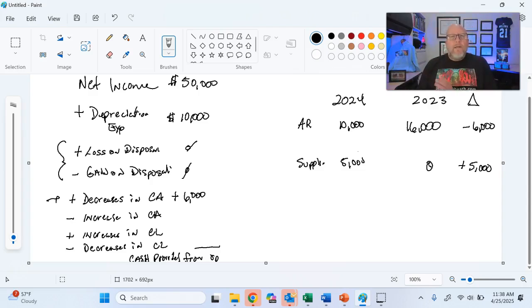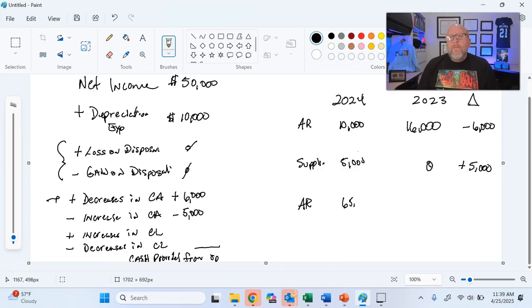So if my supplies went up, all else equal, it probably means I used cash to acquire supplies. So I would treat an increase to current assets as a 5,000 decrease.